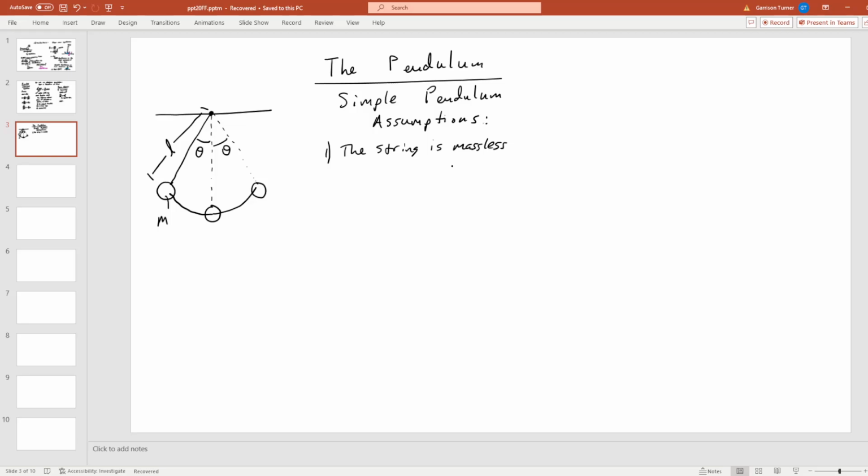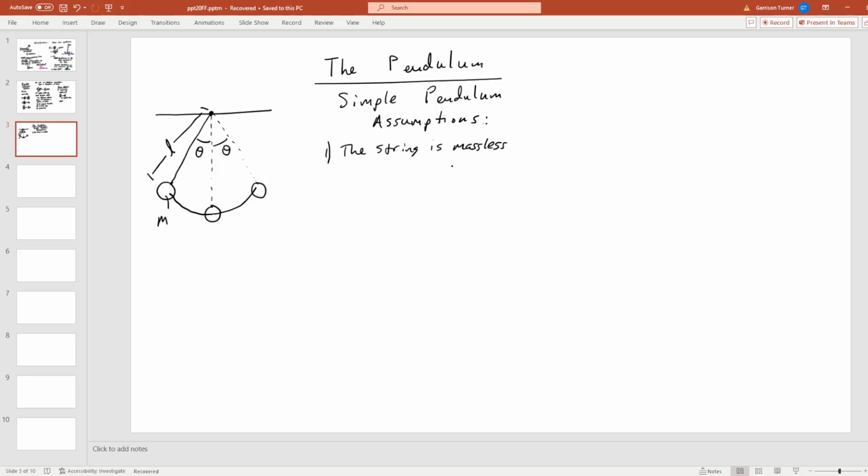Okay, you don't want your string to be influencing the system other than being the thing that your pendulum, what we call the pendulum bob, the hanging mass, is hanging from.